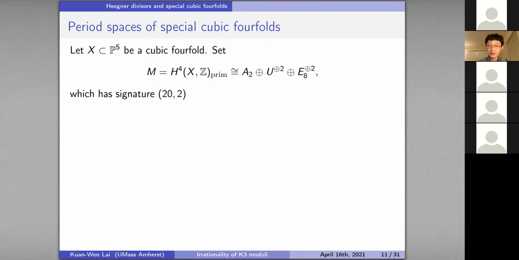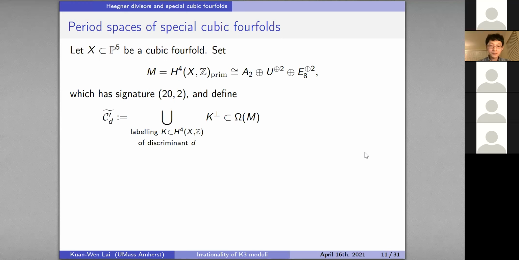You can see this has signature (20,2), so here n is 20. And we can define this, which is supposed to be a lift of the periods of the special cubic fourfolds of discriminant D. This C_D prime tilde is defined as a union of hyperplane sections: we take the orthogonal complement of all the labelings in the middle cohomology of X, and we consider the orthogonal complement on the period domain.